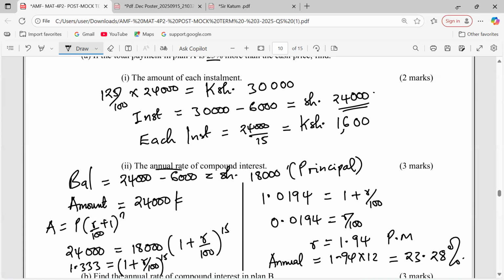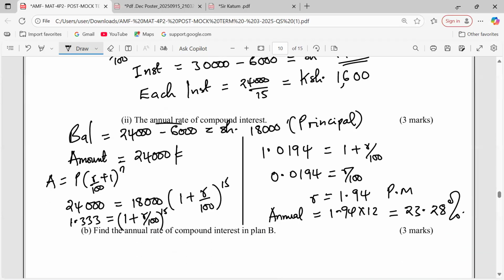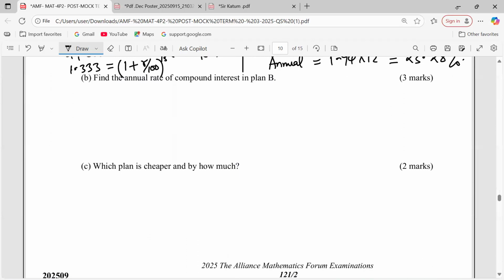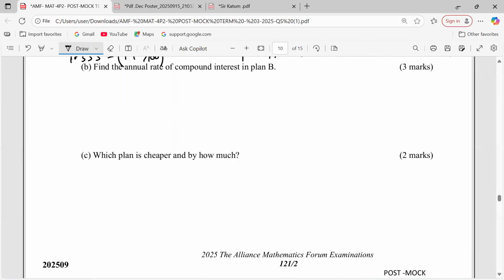So the principal, which was the balance, has now earned some interest until it is paid as an amount, which is the total installments, higher than the balance that would have been paid at the initial stage of the plan.